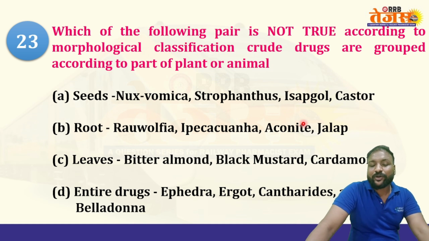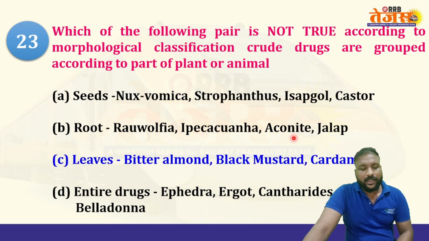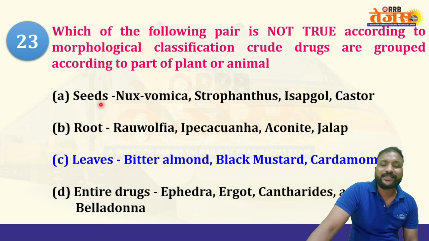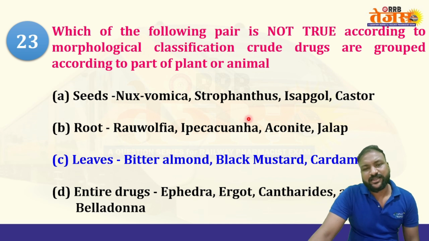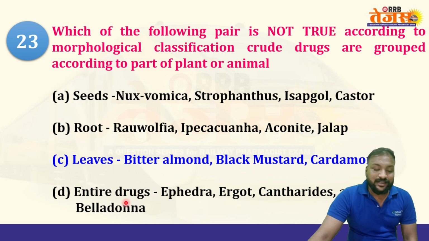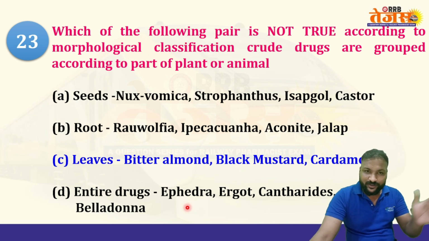So what will the wrong option be here? Option C is the wrong option. You can simply say seeds: Nux vomica is a seed, Strophanthus is a seed, Isabgol is a seed, Castor is a seed. Roots: Rauwolfia is a root, Ipecac is a root, Aconite is a root, and Jalap is a root. Whereas entire drugs like Ephedra, Vinca, Ergot, Cantharides, Belladonna, we have just covered in the slide.